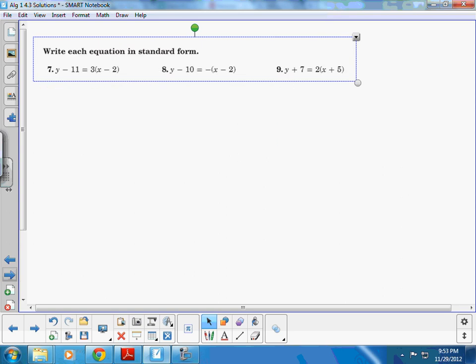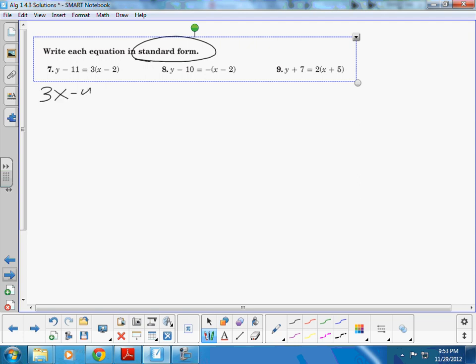Number 7, we're going to write the answer in standard form. The previous problem, we wrote the answer in point slope form. Now we're going to write it in standard form, so it's going to be a little bit more work. The answer to start off with is 3x minus y equaling a negative 5.